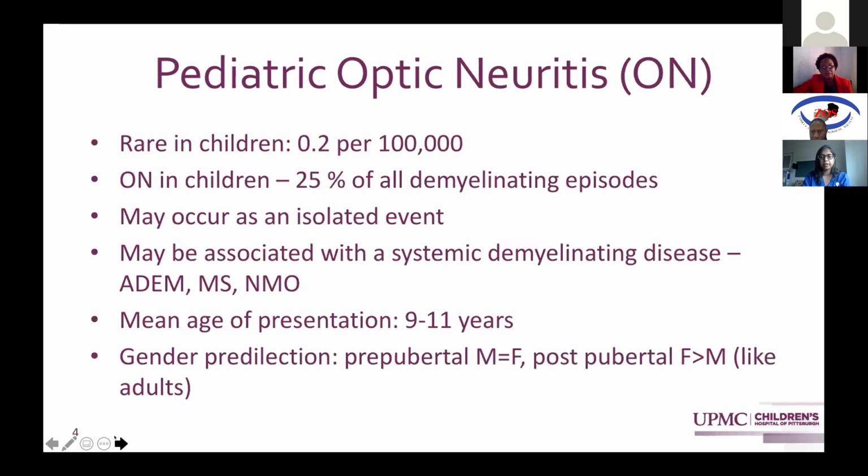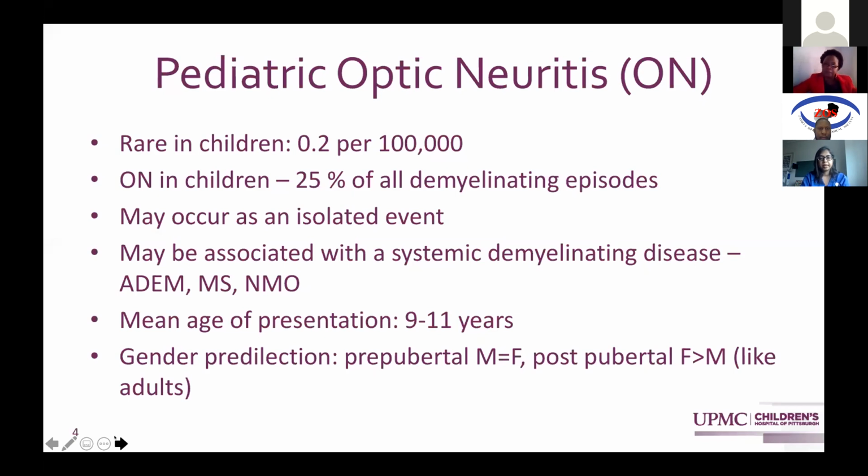Now, coming to optic neuritis specifically in children, it's pretty rare, and there's very scattered literature out there. But one study from Canada, which looked at the incidence, showed that the incidence was about 0.2 per 100,000. But it's important to remember that when we look at all demyelinating diseases in children, optic neuritis accounts for about 1/4 or 25% of these.